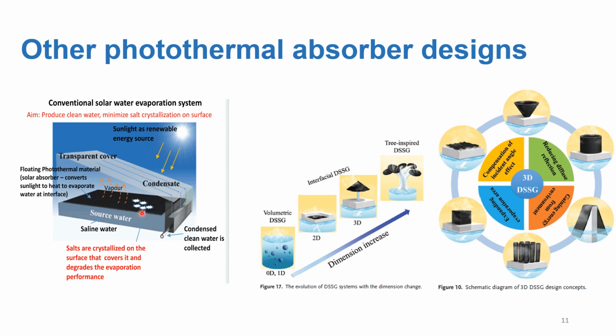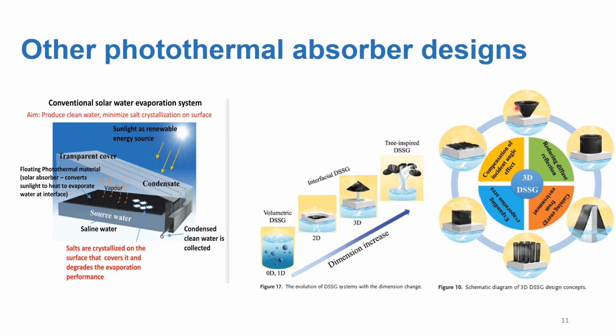Many of the newer designs recently have been on 3D structures. So this is where 3D printing can come in. As you can see here, there are many 3D structures, like an umbrella-like 3D structure or a tree-inspired 3D structure. There's also a cubic or a cylindrical 3D structure.